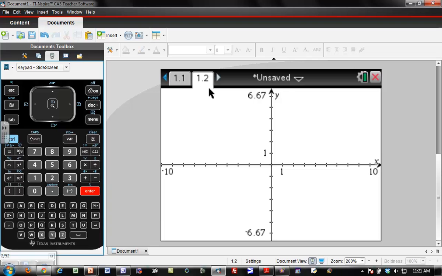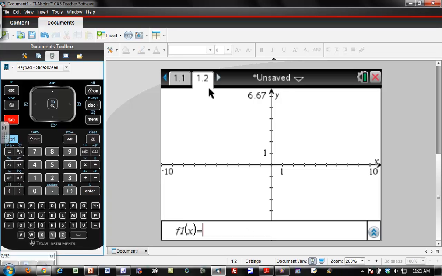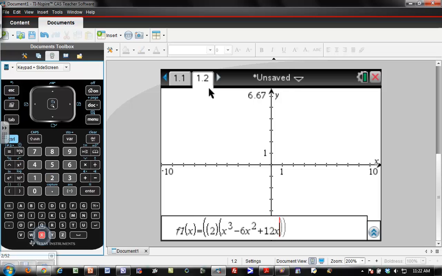So what I'd rather do is graph out this function and deal with it that way. So here's me putting in the function. And I really hope I don't make a mistake.